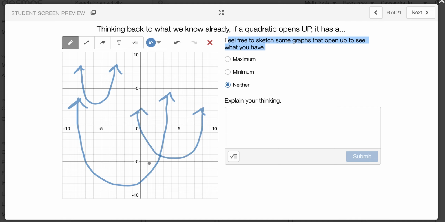Hopefully you can see from our examples that our vertices are all at the bottom. They are all, therefore, minimums. Every time they open up, you're creating a valley or a bowl, and so they will always have a minimum. We'll write that down in just a second.